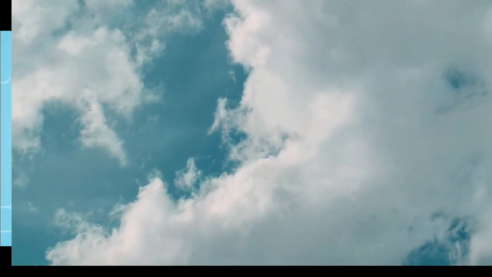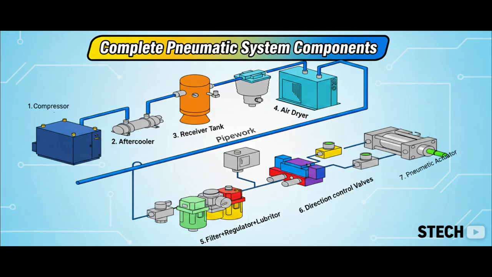Before we go into detail, just remember the simple flowchart shown on your screen. A pneumatic system works just like a water pipeline, but here we transport air instead of water. As shown in the image, the pneumatic system is mainly divided into the following segments. First, air generation using a compressor.